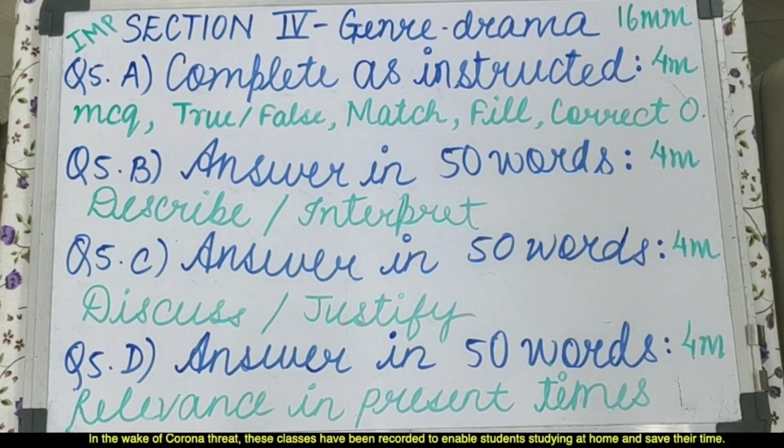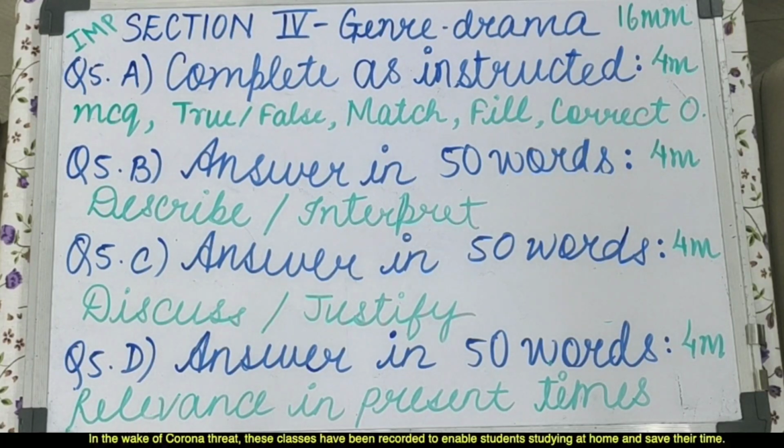So you need to explain how that thing which originated in olden times has relevance in present time also. So you need to explain this in much detail. OK, so what you need to know is that question numbers 5B, C and D are the questions that you need to attempt in detail.